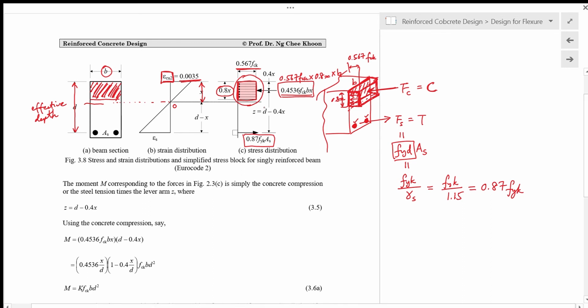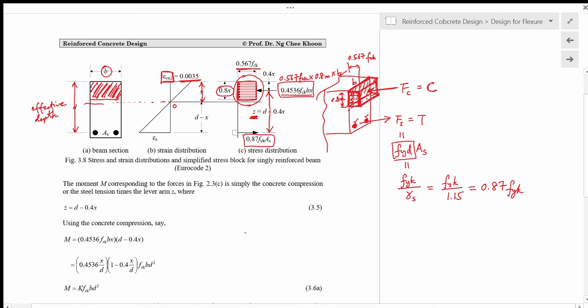Okay, and then the moment arm Z is the distance between the compression and tension. So this is given as d minus 0.4x.